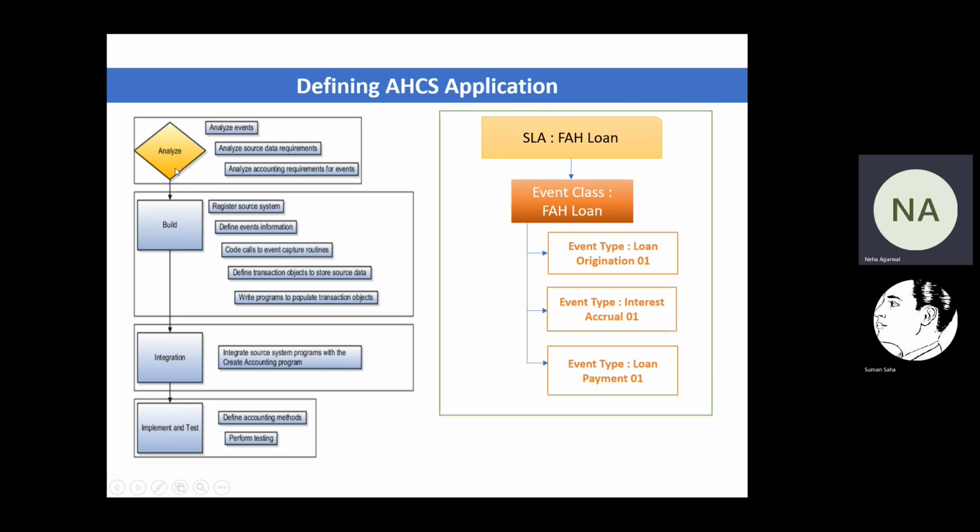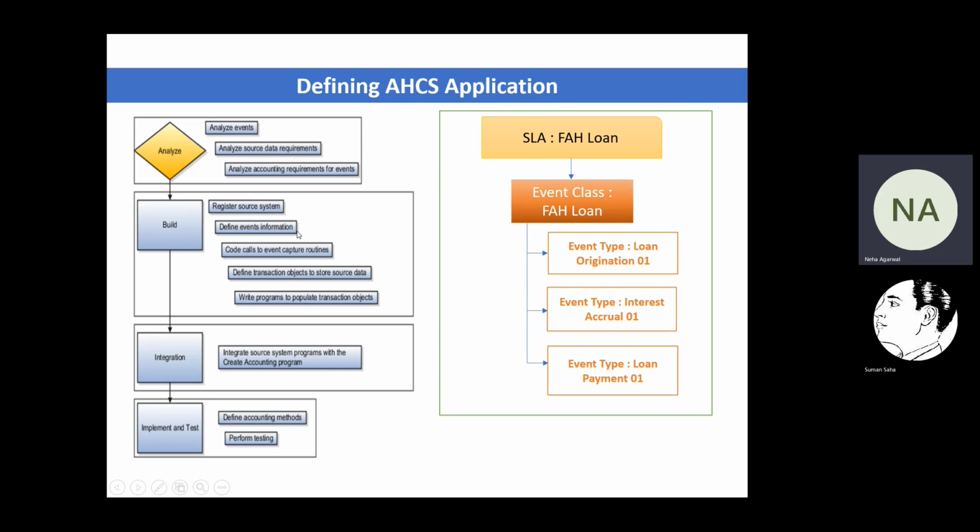Let's study this. In the analyze step, we'll analyze the events, analyze the source data requirement, and analyze the accounting requirements for those events. So this will give us our transaction information, the sources which are required to register our source system. Then we'll come to the build activity. In the build activity, we will be registering our source system.